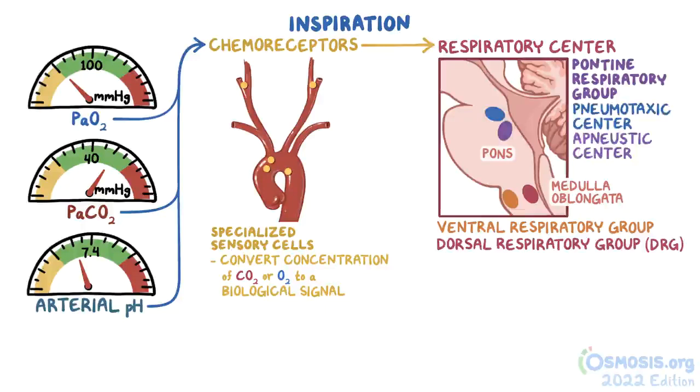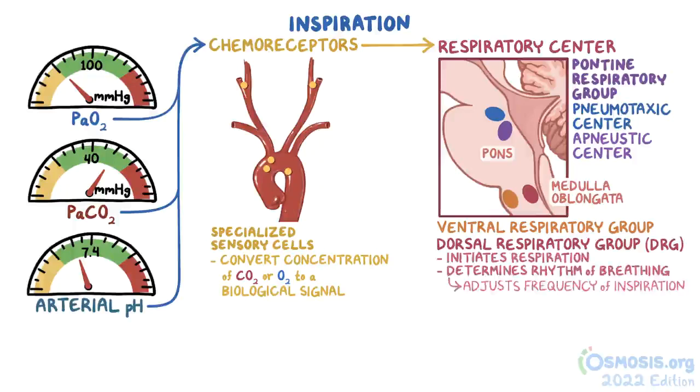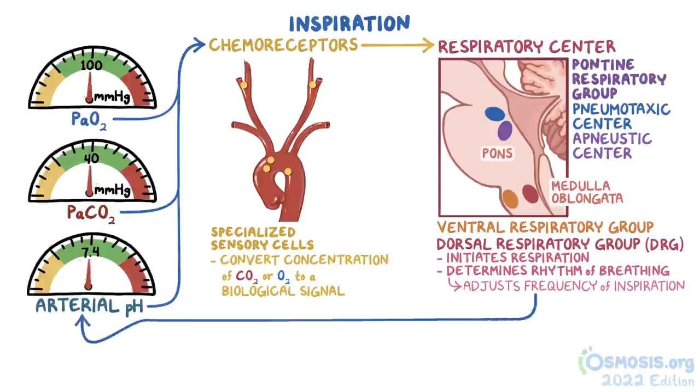Of these, the dorsal respiratory group, or DRG, is the one that initiates respiration, and it also determines the basic rhythm of breathing by adjusting the frequency of inspiration so as to keep the arterial pressure of oxygen, arterial pressure of carbon dioxide, and the arterial pH in the normal range.